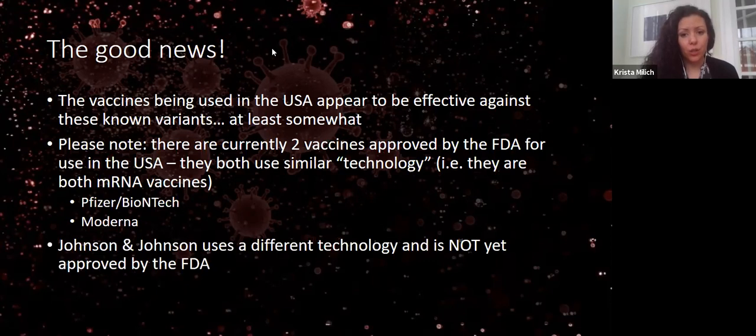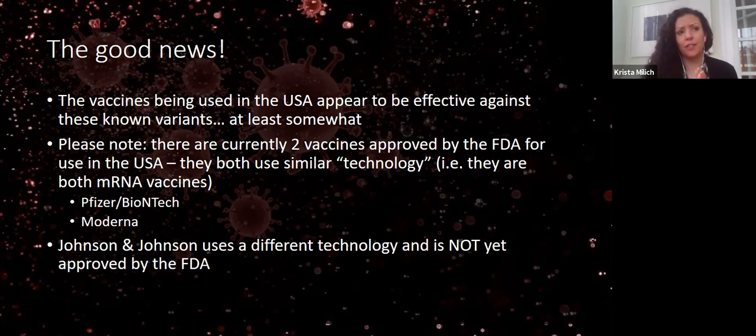You may have also heard about a Johnson & Johnson vaccine, and I know a lot of people have questions about it. But one thing I want you to be aware of is that the Johnson & Johnson vaccine has not been approved by the FDA yet. That doesn't mean it won't be, potentially it will, but what we have information about right now are the two vaccines being used in the US.